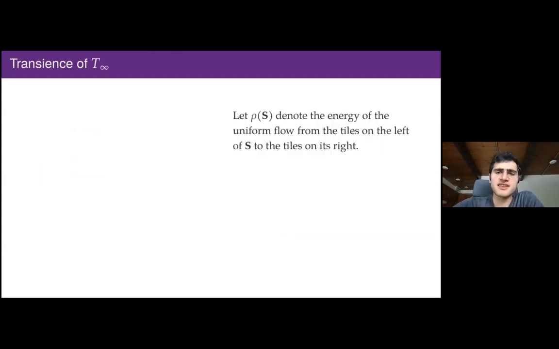And the claim is that, let's call the effective resistance, the energy of the flow that sends a uniform flow from the left of H_i to its right, rho of H_i. And by what I just said earlier, you can bound the effective resistance to infinity by the sum of these rho of H_i's.